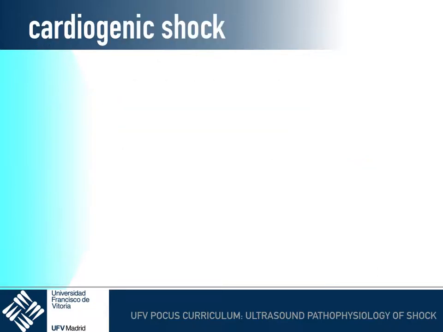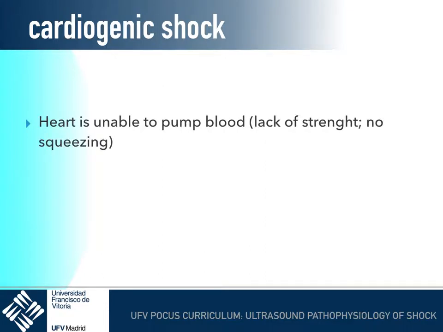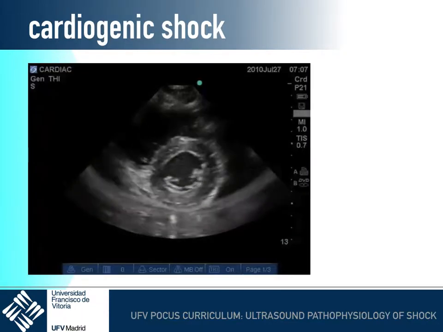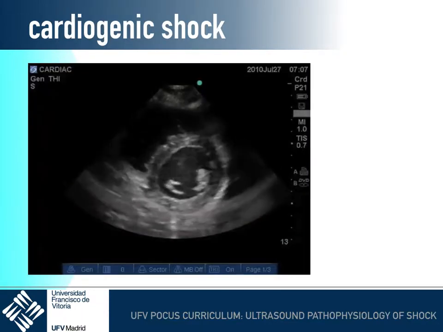The first one, we need to keep in mind a very basic definition of cardiogenic shock, which can be this one: the heart is unable to pump blood. Under a universal definition of cardiogenic shock, we are talking about no squeezing or lack of strength. There's a lack of contraction strength. So cardiogenic shock, by the way, what kind of view is this?